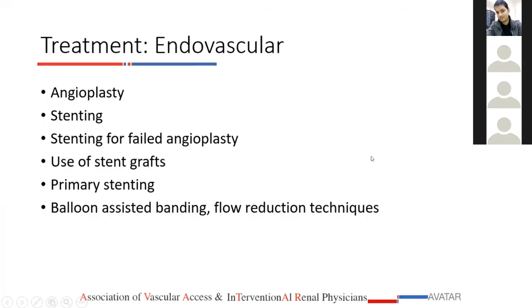And then once you diagnose it, what are your options? You will obviously consider angioplasty, stenting for failed angioplasty, whether you would use stent grafts, whether you will consider primary stenting, and lastly, whether the problem is at the central vein level, or whether it is a high flowing fistula and you will do assisted banding or some other surgical flow reduction technique.